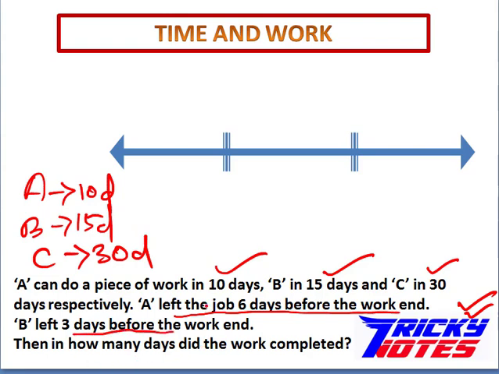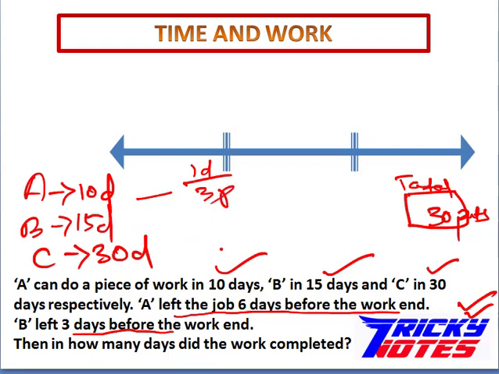So to solve these kinds of questions, what we need to do is, first we will take the LCM of these three, the total work to be, let us say, 30 parts. So A in one day is doing 3 parts, B in one day is doing 2 parts, C in one day is doing 1 part.